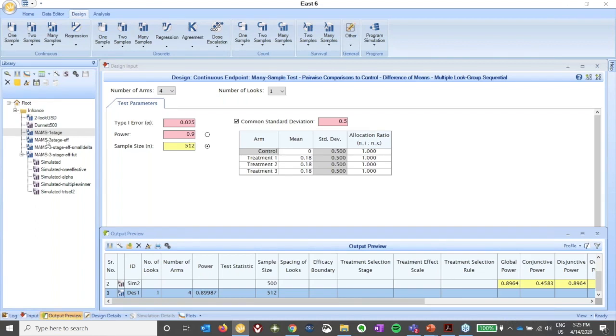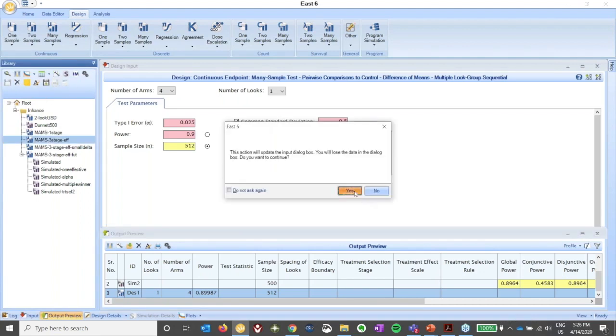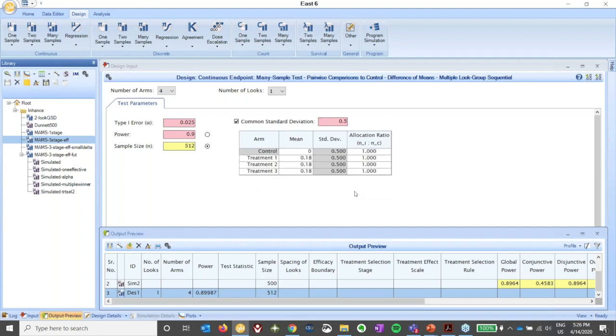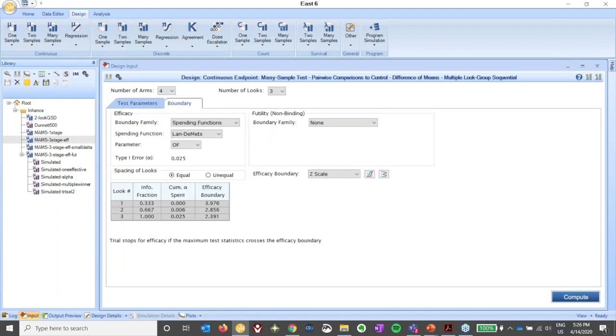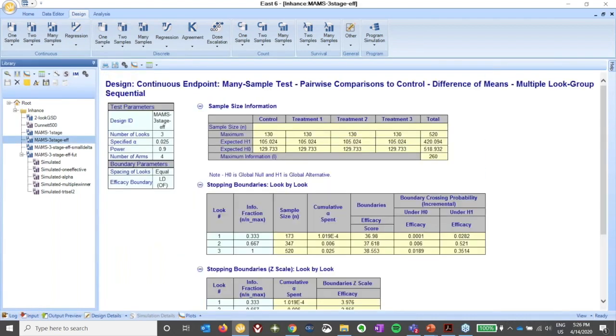So the natural thing to do is to see what happens if now we have the 3 looks. In the previous case, we have already seen for a group sequential design, if I were to have 2 arms and 3 looks, I would require about 132 subjects on average, right? So now the same thing happens here. I put in 4 arms and 3 looks. I click on my compute button, and then if I look at the detailed output, we will see the following.